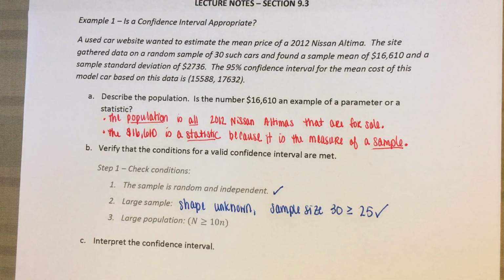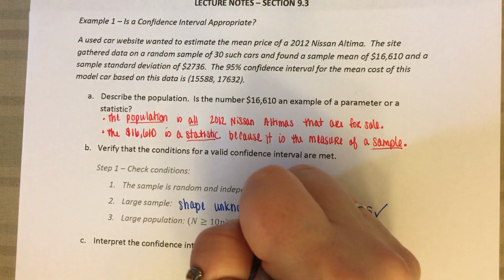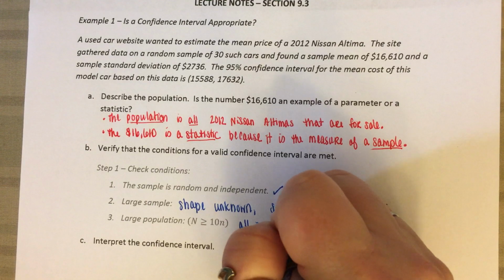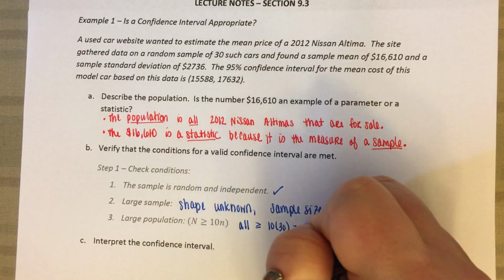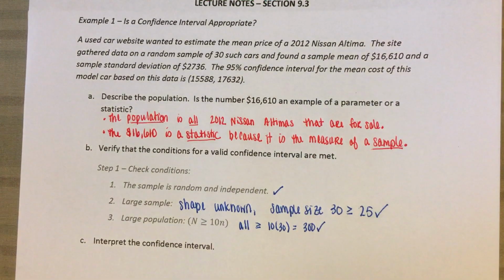For a large population, we're going to assume that there are more than 300 Nissan Altimas from the year 2012, so our population is large enough as well.